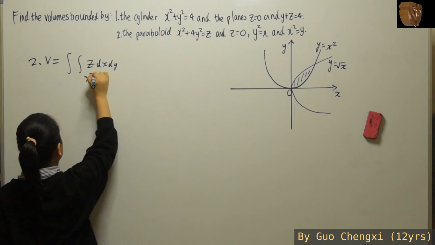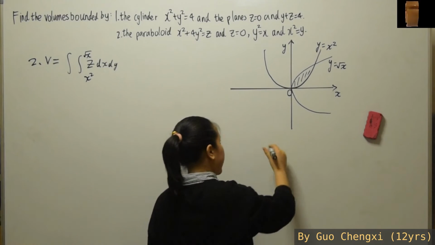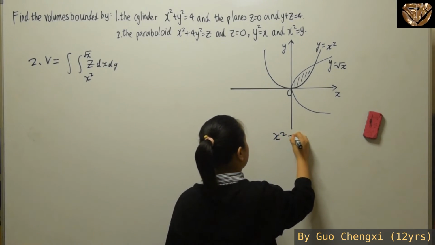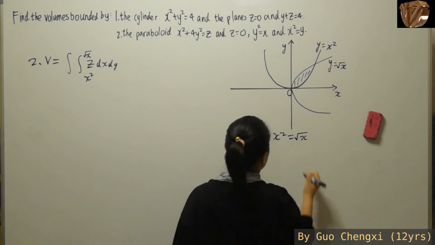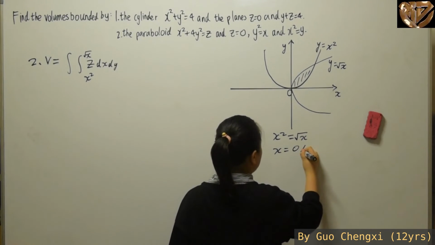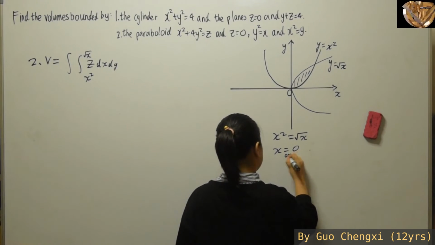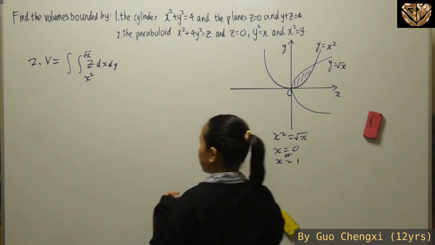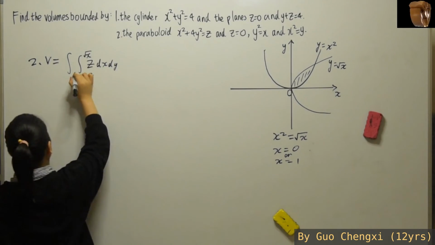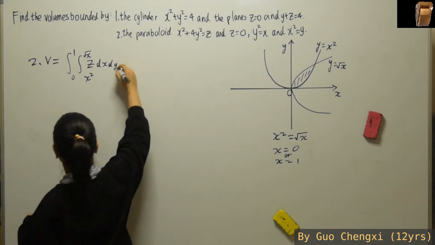What about for our x? x squared needs to be equal to square root x, whereas our two cases are x equals 0 or x equals 1. Both are okay. So the range over here goes from 0 to 1.